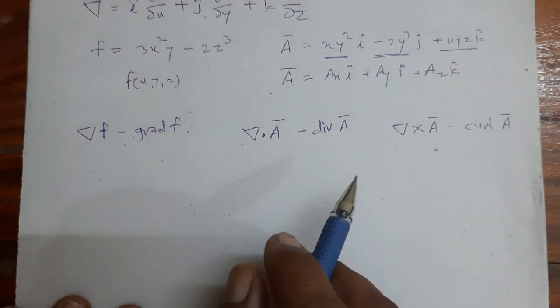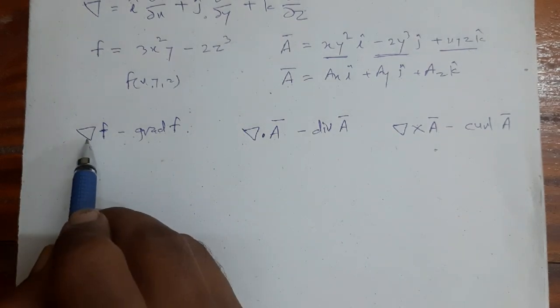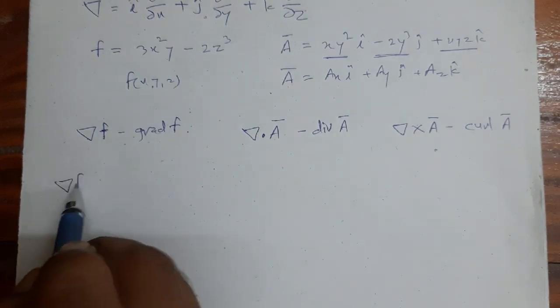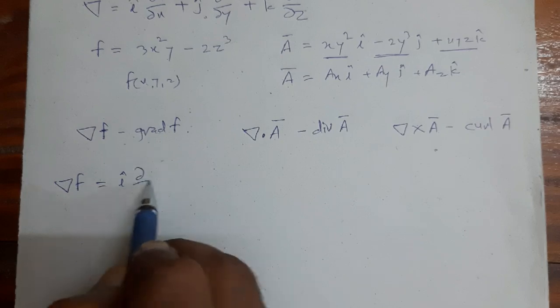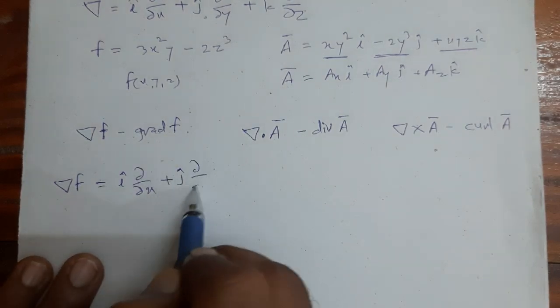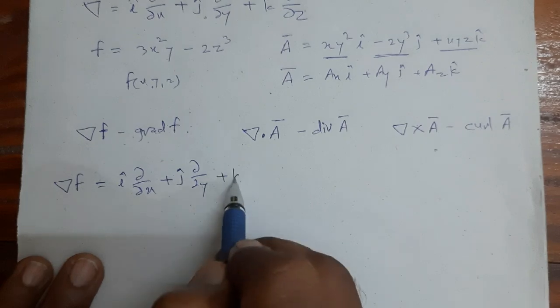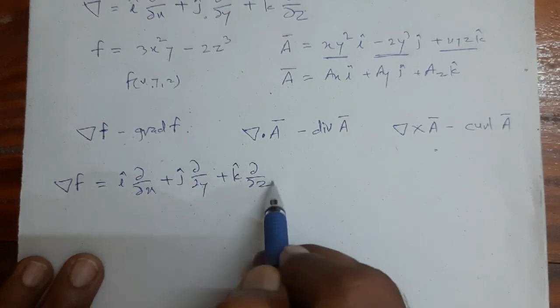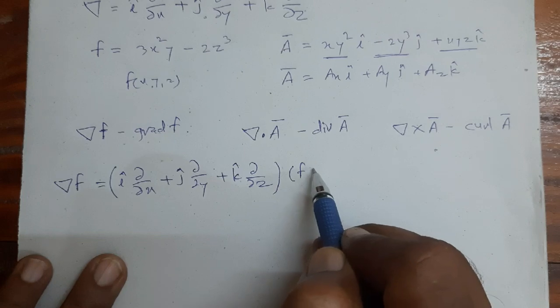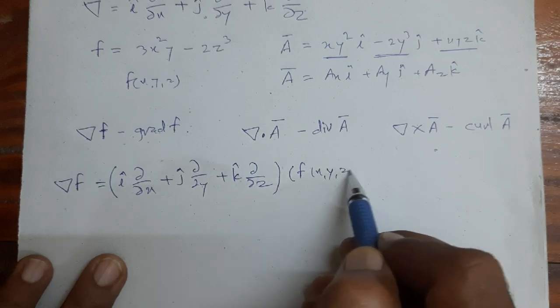Now, it is very simple actually. When we think about the del operator operated on a function, what do I have to do? I have to write the del operator, that is i cap ∂/∂x plus j cap ∂/∂y plus k cap ∂/∂z, and operate this on the function, let it be f, which is a function of x, y, z.